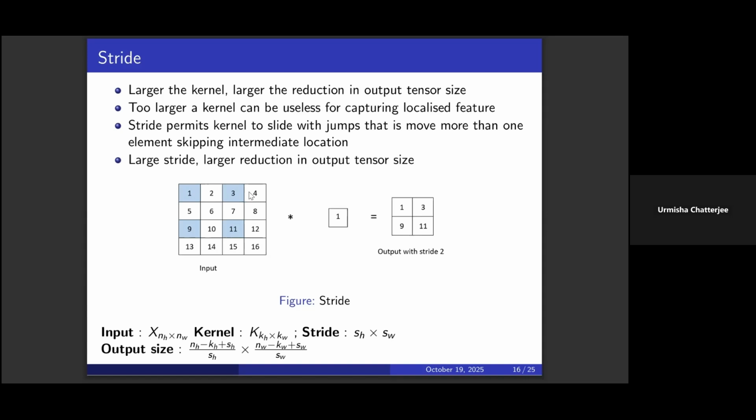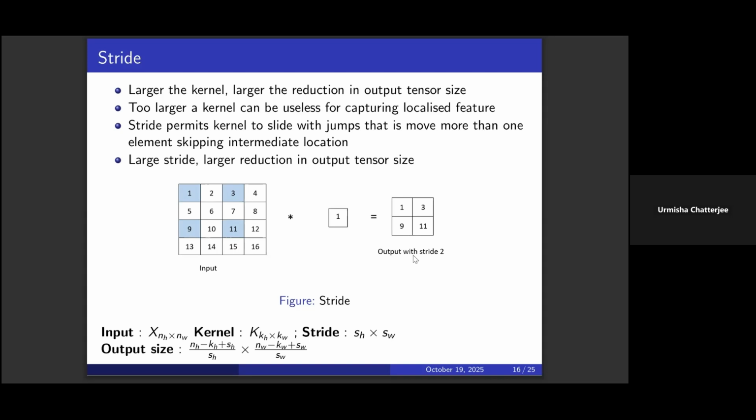But if I say that it can jump more than one element, say stride is 2, it will slide skipping one element in between. So from 1 it jumps to 3, then below it jumps to 11, 9, like this. So in this way, you can see that you're using a very small size kernel. Here I am showing it with a one by one kernel, maybe say a 2 by 2 kernel for a very large image. So we use a very small size kernel, but the output size is greatly reduced because of using stride.